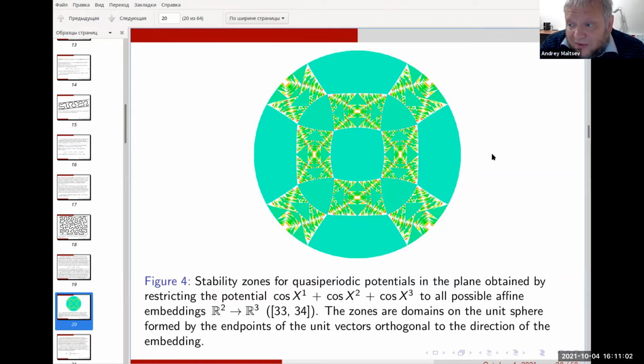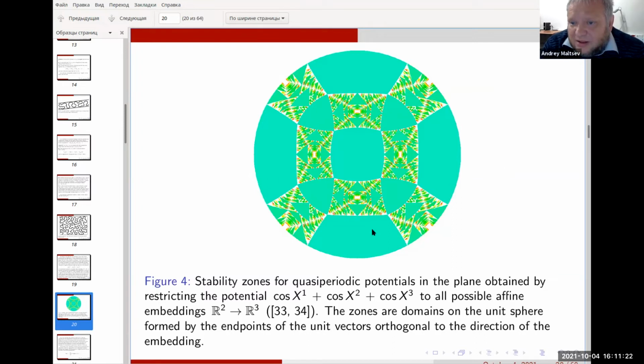And for every point on the unit sphere, we can ask which kind of potential we have for this embedding of two-dimensional plane in our three-dimensional space. In three-dimensional space, we consider just this very simple function, cosine x1 plus cosine x2 plus cosine x3.